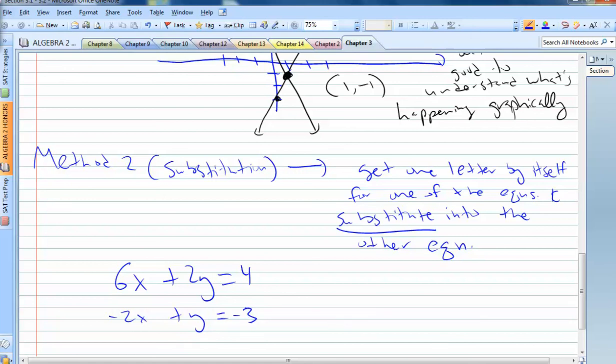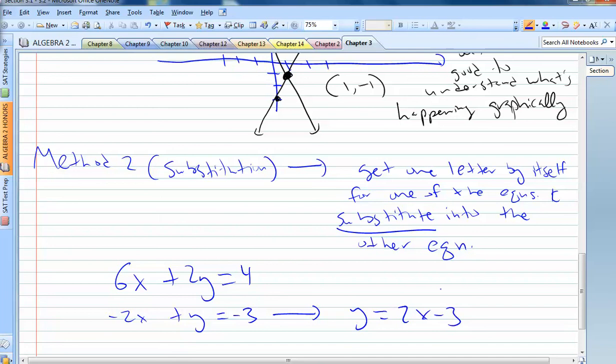So, how should we go about substitution? Which letter should we get by itself and from which equation? If you said y from the second equation, congratulations. It's easy to get y from the second equation by itself because the coefficient for y is just 1. So we won't have to deal with fractions. So let's get y by itself here.